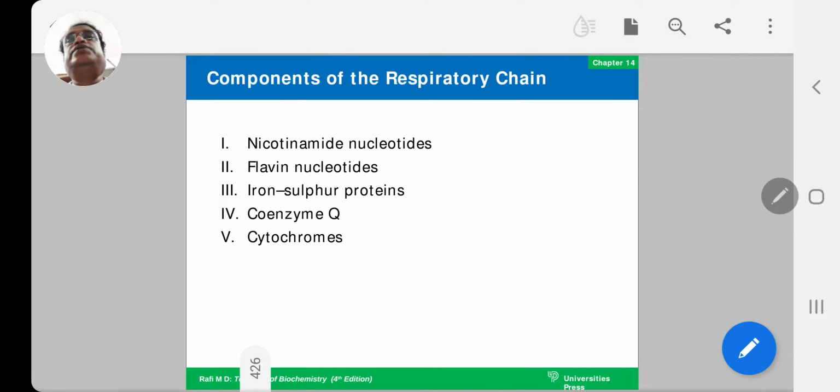Cytochrome B, C1, C and A3 are the different cytochromes found in the electron transport chain. Among these, cytochrome C is most mobile.